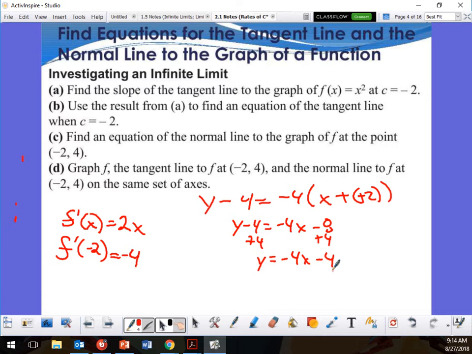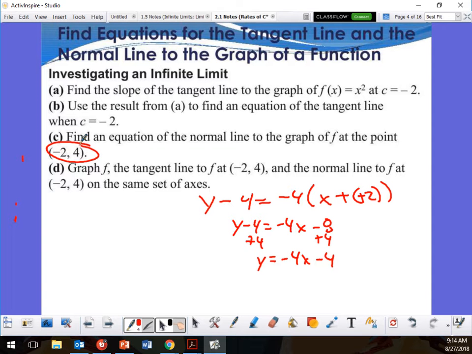Okay, anyway, but still. All right, so we should be okay here, right? Okay, find an equation of a normal line to the graph of f at that point. So, normal line at this point.